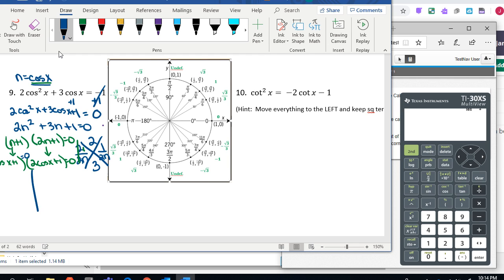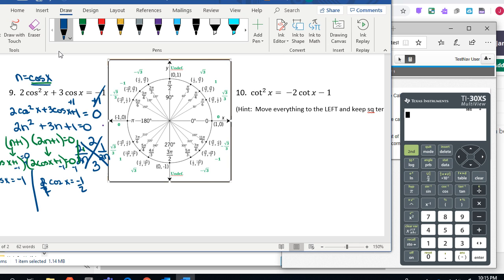All right, so I have minus 1 to both sides. I have cosine x equals negative 1. I'm going to minus 1 to both sides here. I get 2 cosine x equals negative 1, divided by 2. Now on this one, I have cosine x equals negative 1/2, and here I have cosine x is negative 1.